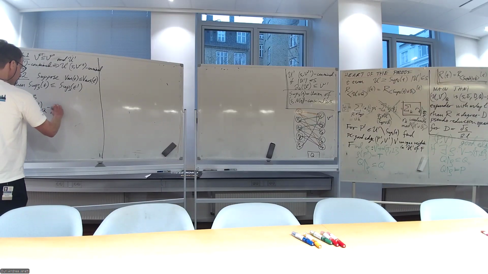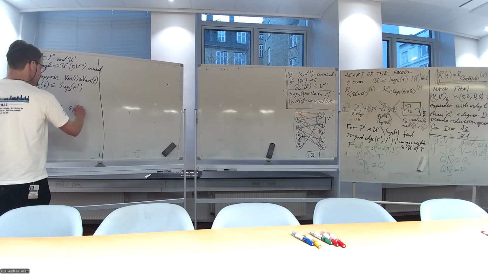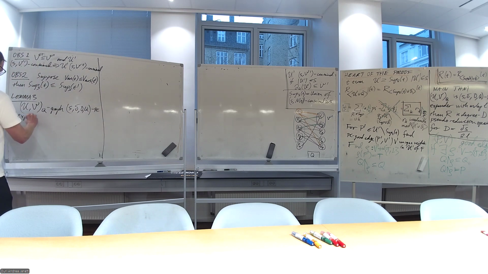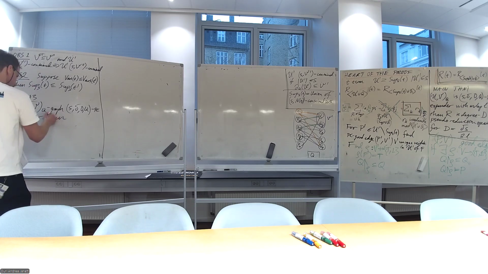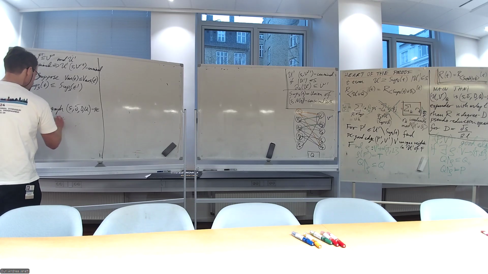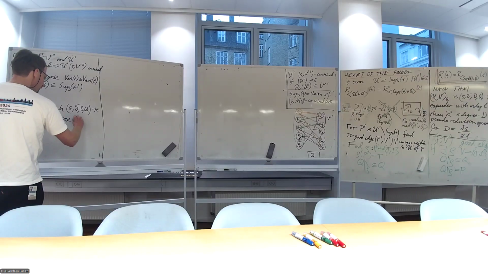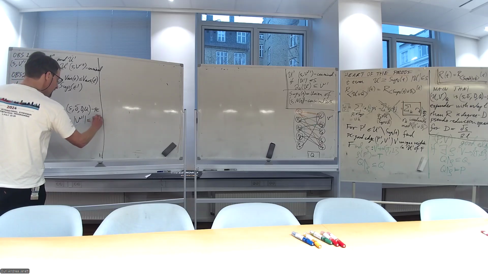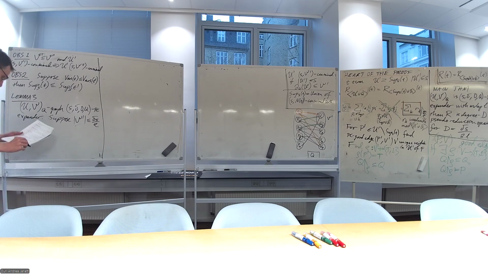Suppose that this graph is an S delta 0 Q PC expander, and suppose also that V prime has size at most delta times S over 2.